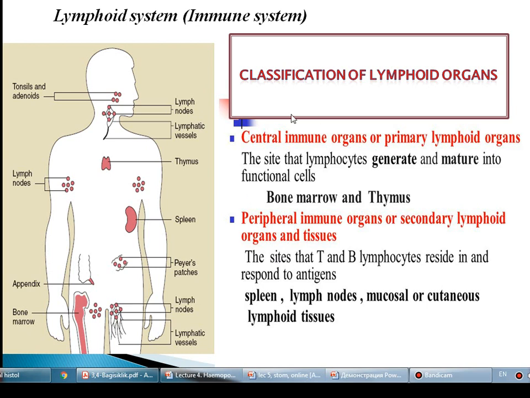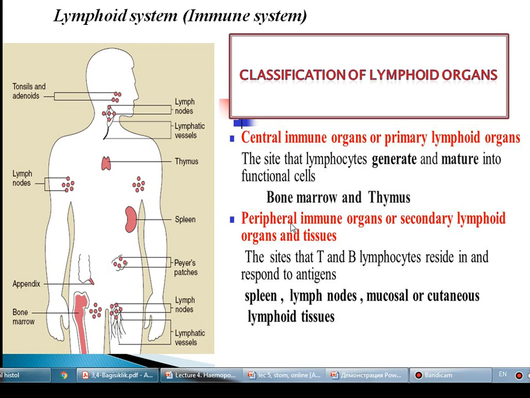These are classified as central immune organs or primary lymphoid organs. These are sites where lymphocytes are generated and mature into functional immunocompetent cells. This is the bone marrow and the thymus.